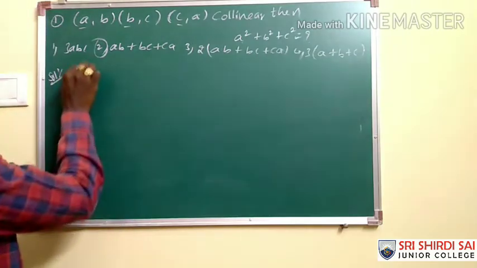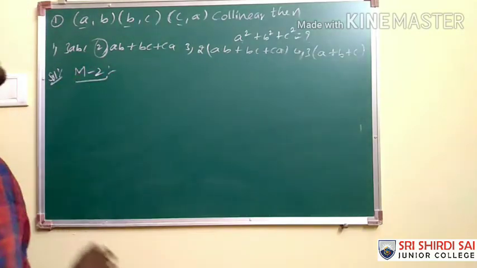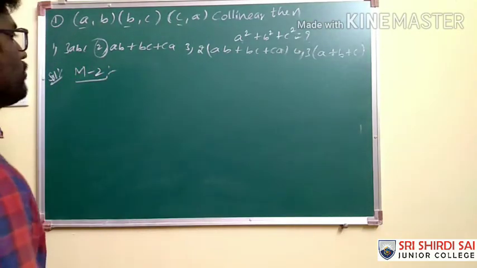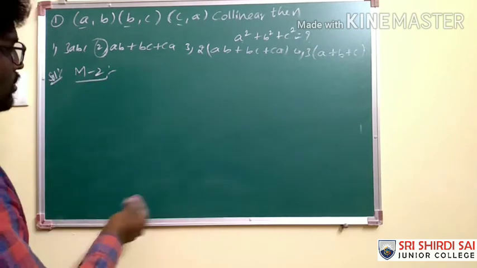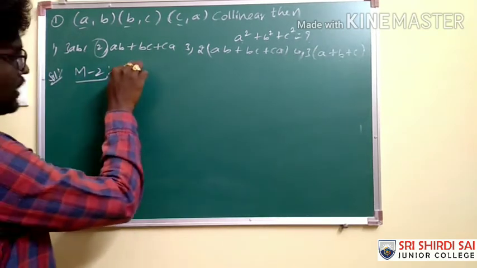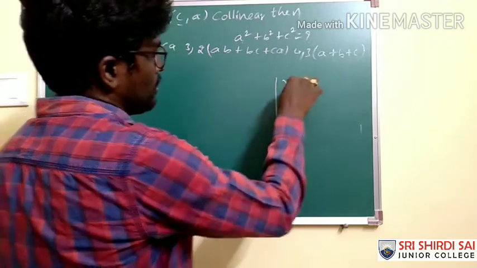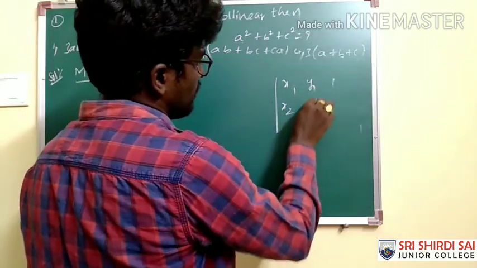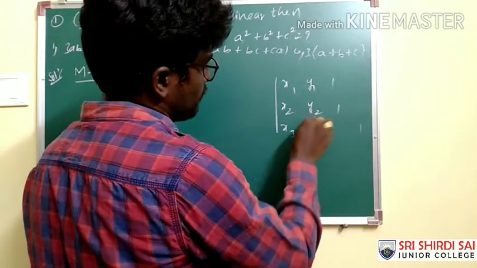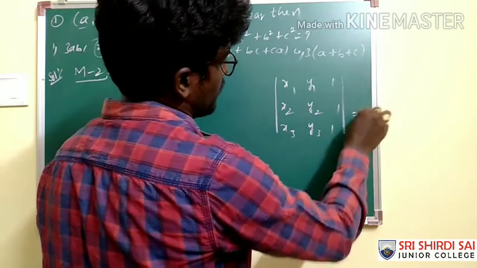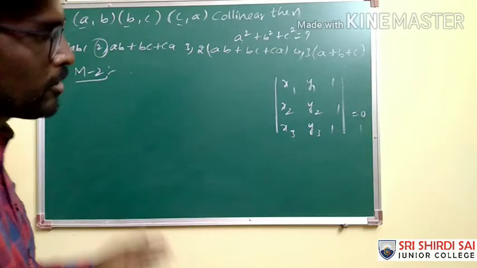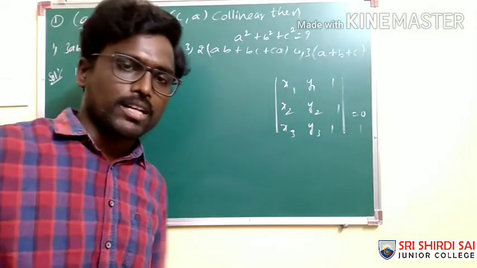Method 2. I am taking it in terms of the 3 by 3 determinant. In the 3 by 3 determinant, what will we do? x1 y1 1, x2 y2 1, and x3 y3 1 should be 0, because we are talking about area being 0, since we are dealing with collinear points.